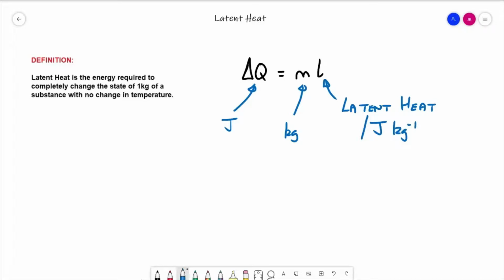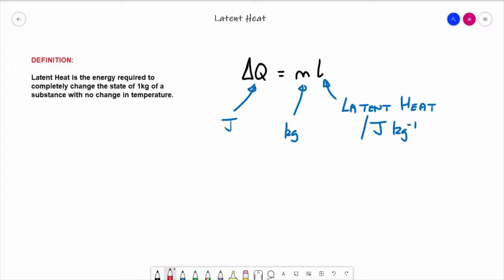Now, while obviously if we go back to specific heat capacity, we've got different specific heat capacities depending on the state of matter. Well, exactly the same happens with latent heat, and we have two different latent heats depending on whether we're at the solid to liquid change of state or the liquid to gas change of state.